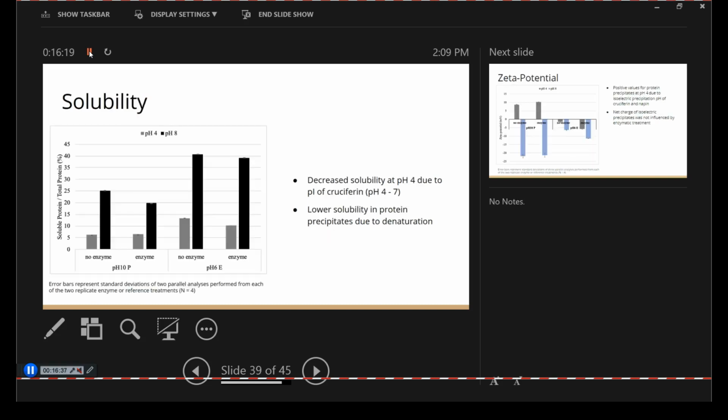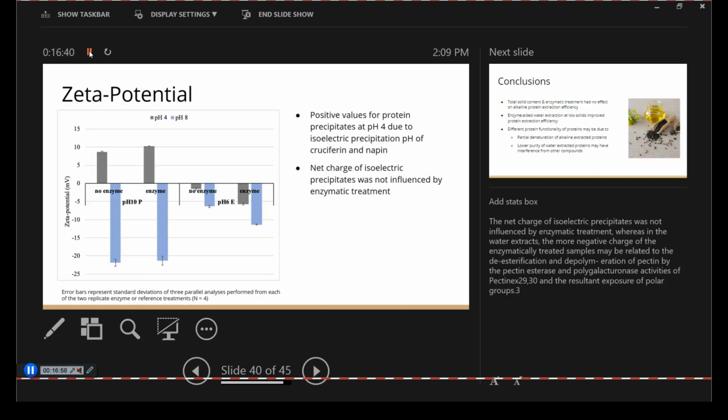Looking at solubility, we see that at pH 4, there is decreased solubility as expected because of the decrease in, or close to, the isoelectric precipitation point of cruciferin. And then there is lower solubility in the protein precipitates compared to the water extracts due to partial denaturation.